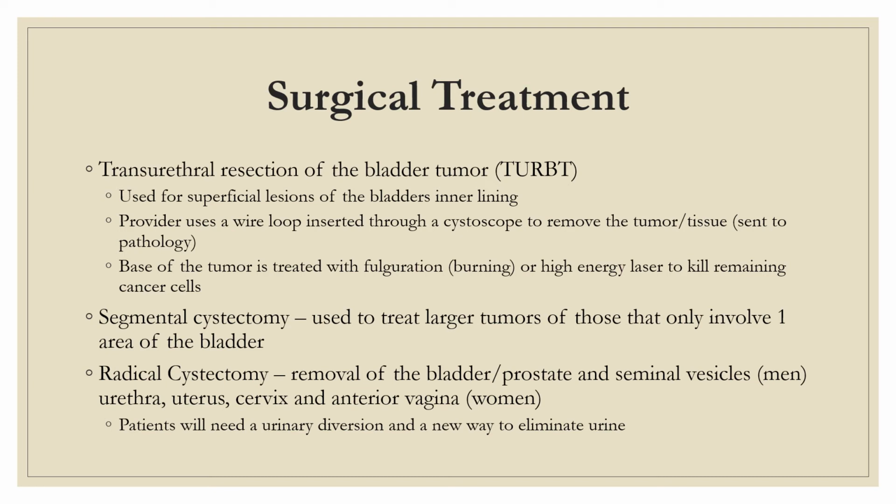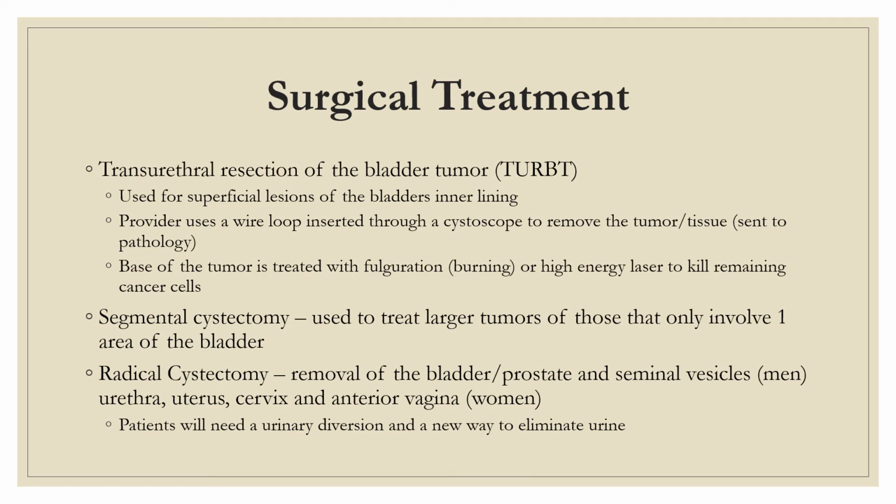So how can we treat bladder cancer? Here are some surgical treatments that we can do. The most common is a TURP, or a transurethral resection of the bladder tumor. This is typically used more for superficial lesions in the inner lining of the bladder. What this procedure does is the provider uses a wire loop inserted through a cystoscope to remove the tumor tissue, and that usually gets sent for testing.